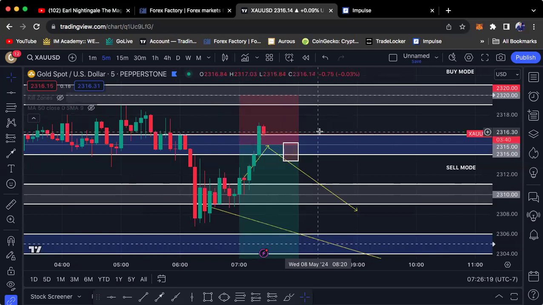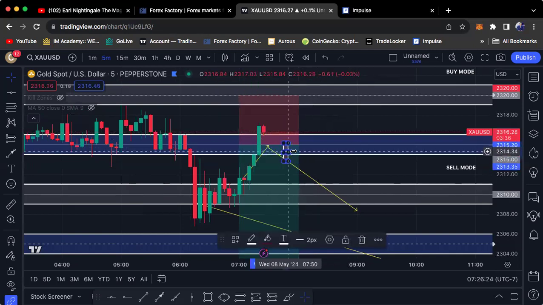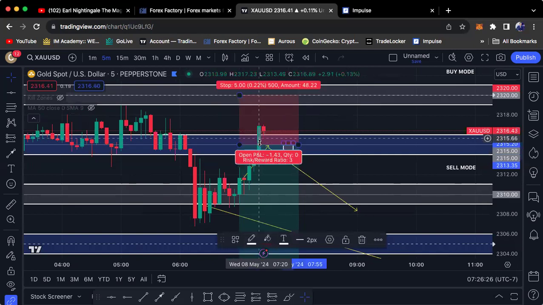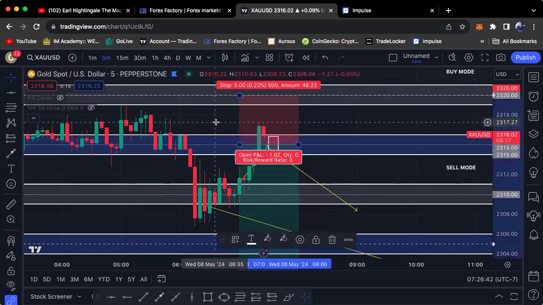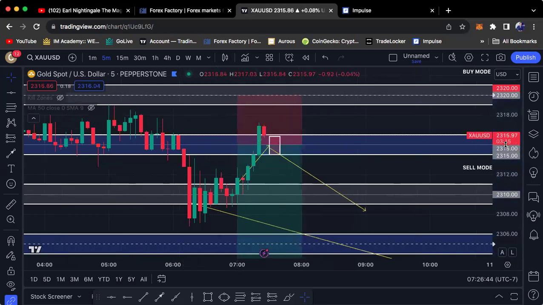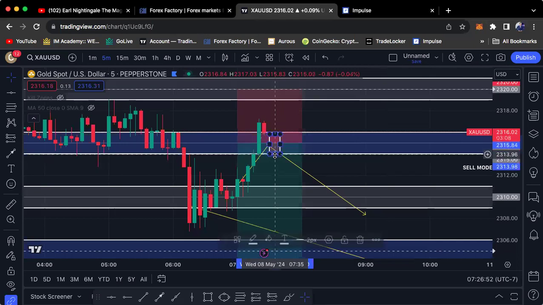What I mean by that is that every time price does this, it gives me a bullish impulsive move and then two bearish candles, and that's a confirmation letting me know that it's going to continue to the downside. So at the 5 minute, we have 3 minutes left on this candle. If it forms another bearish candle, then I'm gonna take that trade.